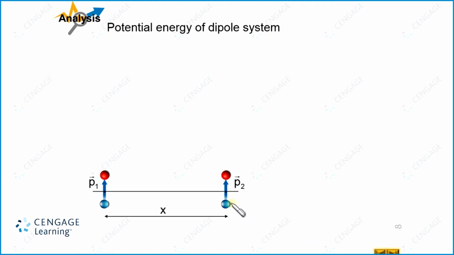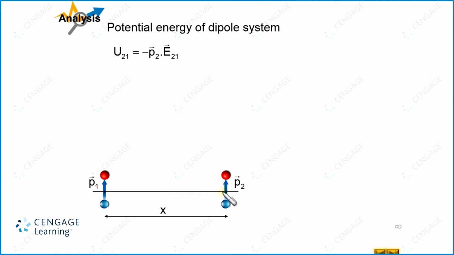Let us calculate U21. We can write U21 equal to minus P2 dot E21. E21 is the electric field generated by dipole number 1 at the center of dipole number 2. We can observe that the center of dipole number 2 is lying at the equatorial position of dipole number 1, and we know the direction of the electric field due to dipole number 1 will be anti-parallel to the dipole moment P1.